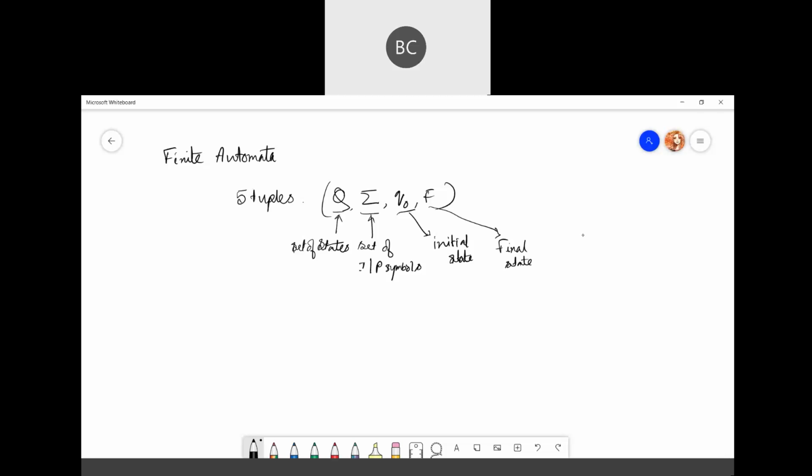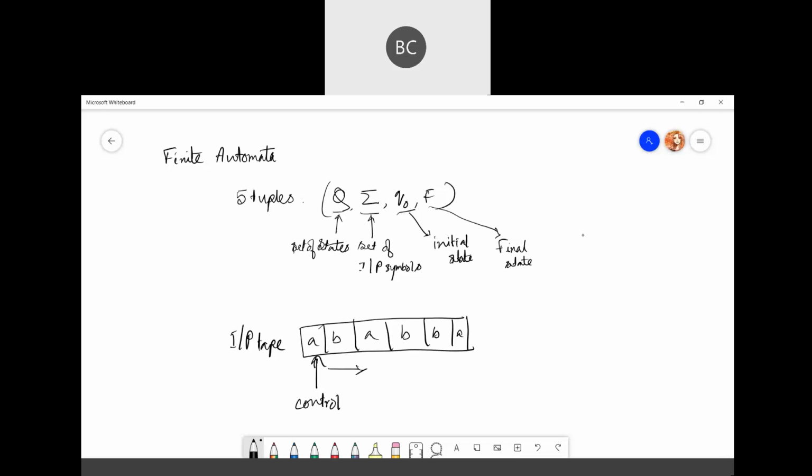So you can think of finite automata as an input tape. If you remember, there will be different symbols here. This is your input tape, and there will be a control unit. There can be different languages, A, B, anything. It will always read from left to right, one symbol at a time.